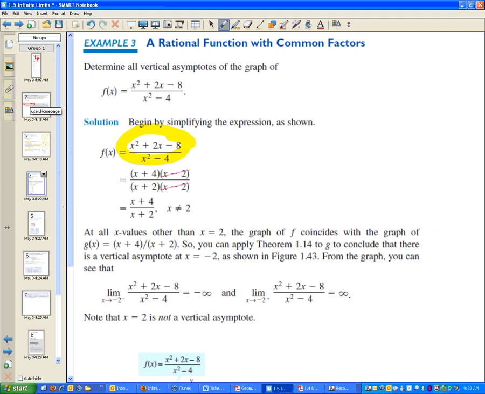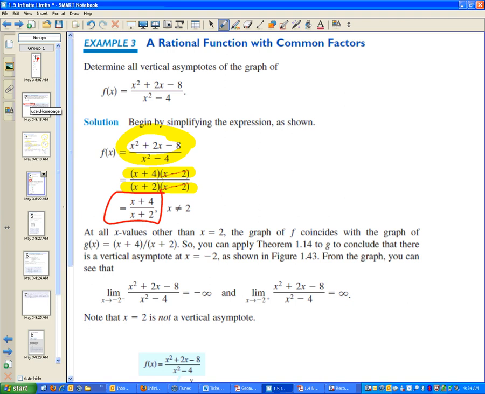We factor the numerator, we factor the denominator. Turns out there's a pair of common factors that we can divide out. Now, you divide out factors, not terms. Okay? So, all the removable discontinuity gets removed. All right? And we're left with this.